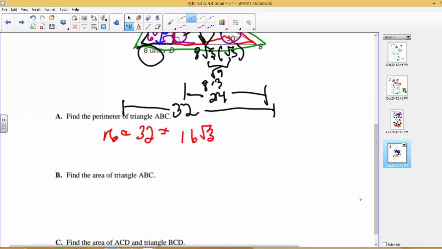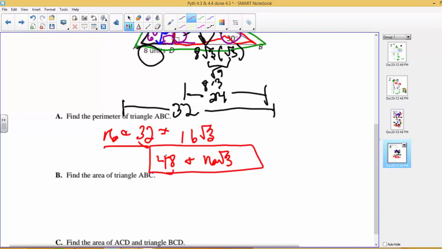Okay, so 16 plus 32 are like terms. That's 48. You can't put the root 3 with a number, so your answer is 48 plus 16 root 3. So if you can read that, it says 48 plus 16 root 3.